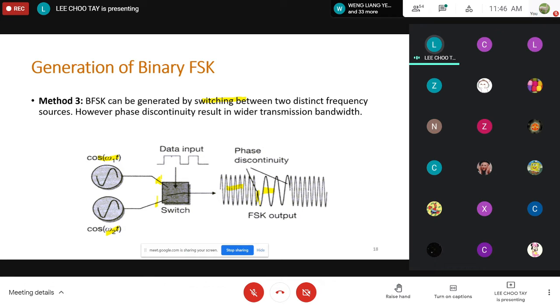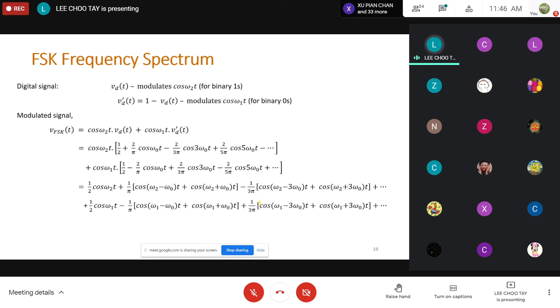Okay, so that's for FSK signal generation. Again, if you were to look at the spectrum, the digital signal I represent with v_d(t). This one I use to modulate cos omega 2t. Basically this is to convert my binary 1 into a set of cosine waves. And then the inverter, remember the inverter? The output of the inverter I represent with v_d prime, and basically this is 1 minus v_d(t).